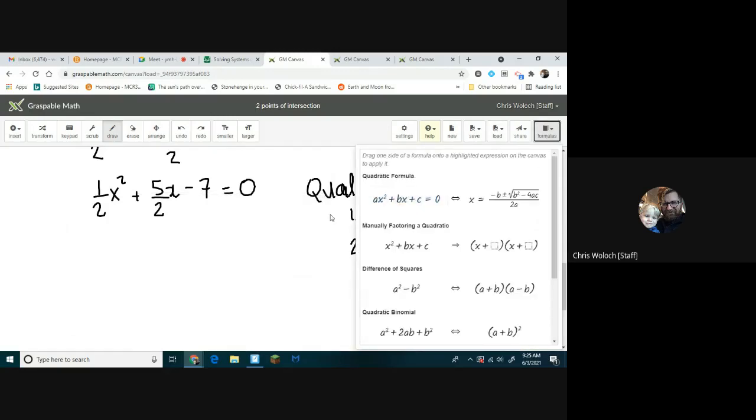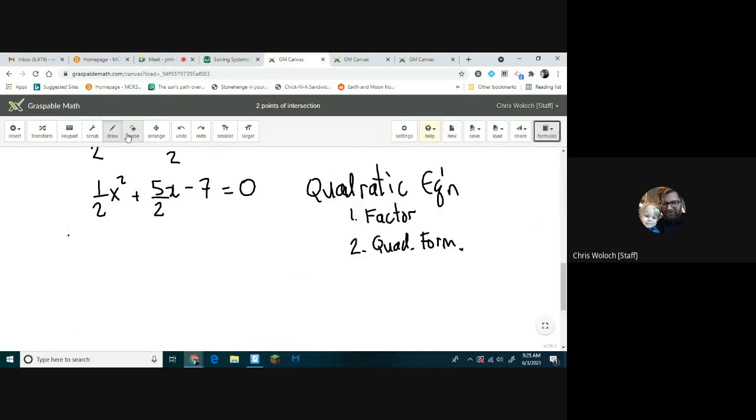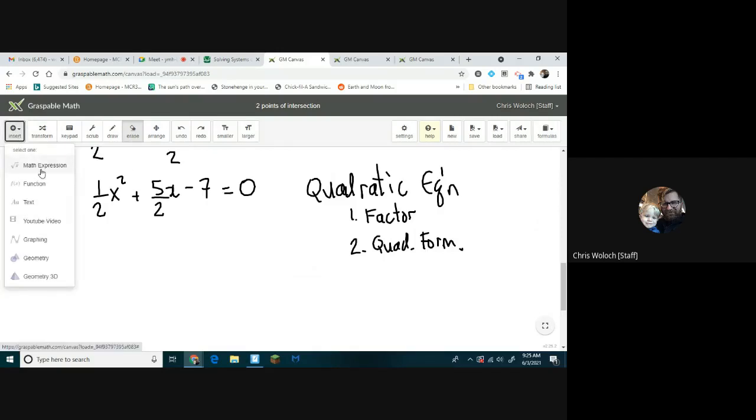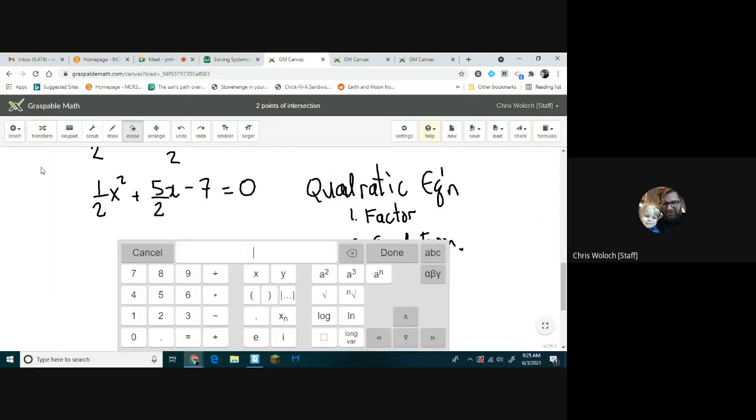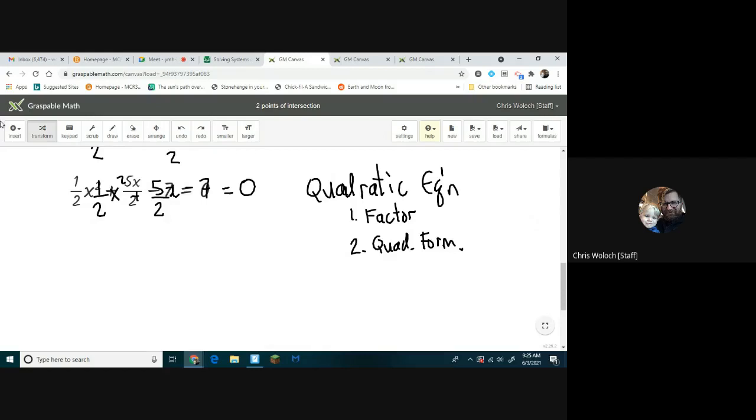So I'm going to retype this here to solve it a little more quickly. So if I retype my expression, 1/2 x squared plus 5x over 2 minus 7 equals 0, then I'm just going to move that down.